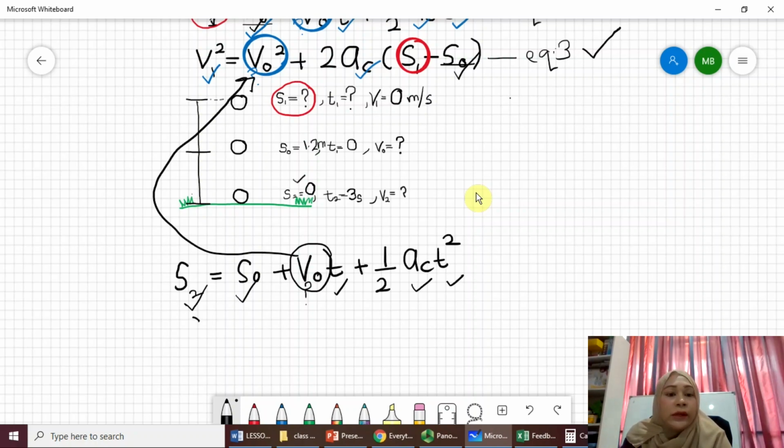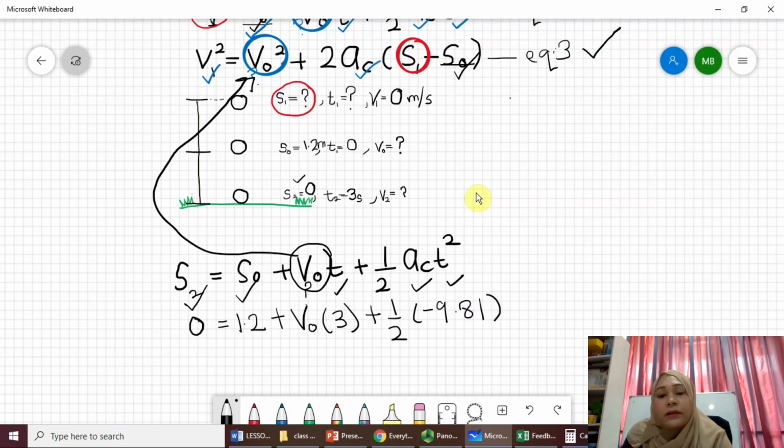Our S2 is the final position, which is 0, equals the initial position, 1.2, plus V0, which we want to find, times 3, plus 1 over 2 times negative 9.81 times 3 squared. So what is the final answer for V0? If you calculate quickly using your calculator, it will be 14.3 meters per second.